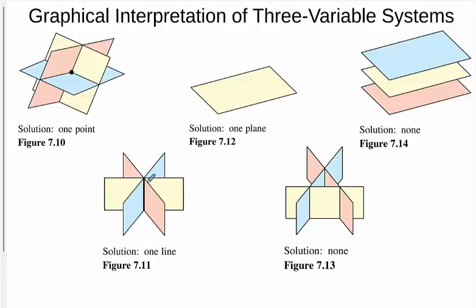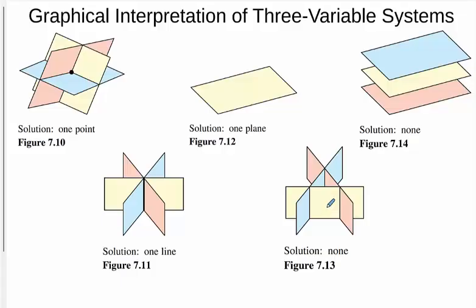They can have one line as a solution, kind of what we saw earlier. And then this is no solution. Well, at any point only two cross. So yellow and blue cross, red and blue cross, red and yellow cross, but there's nowhere the three of them cross together.